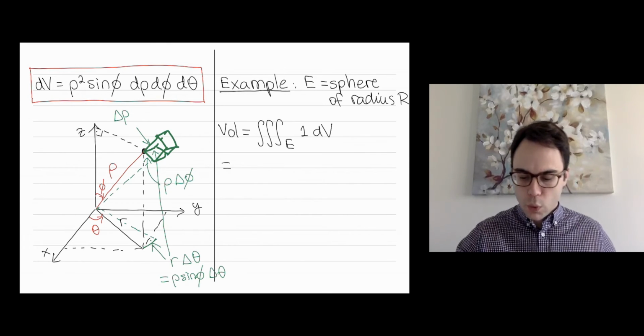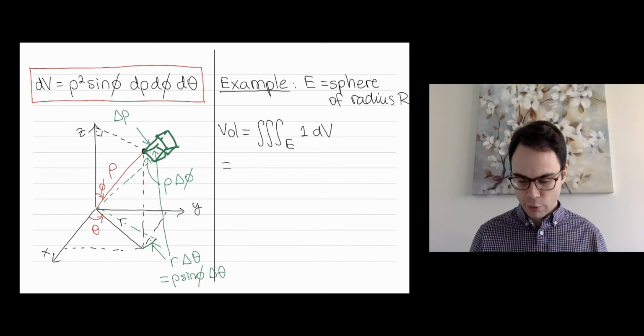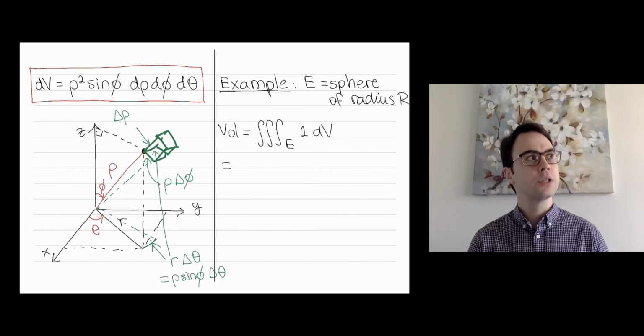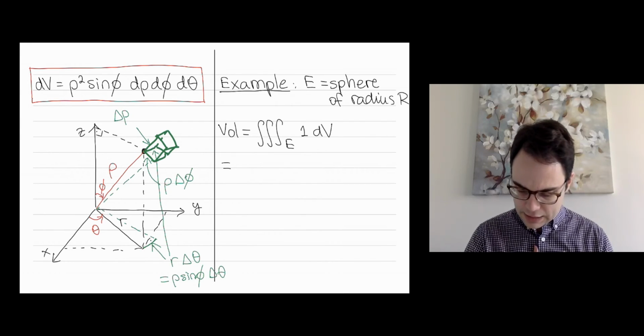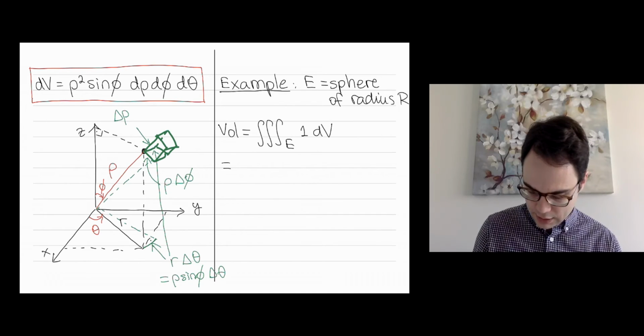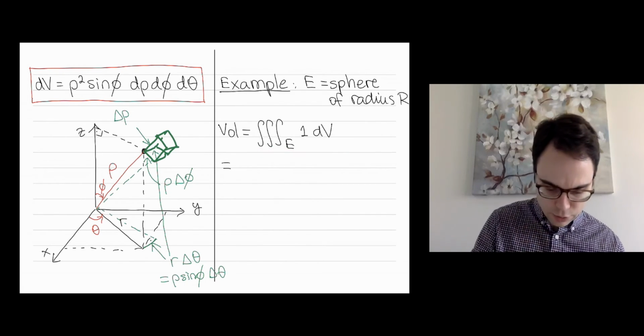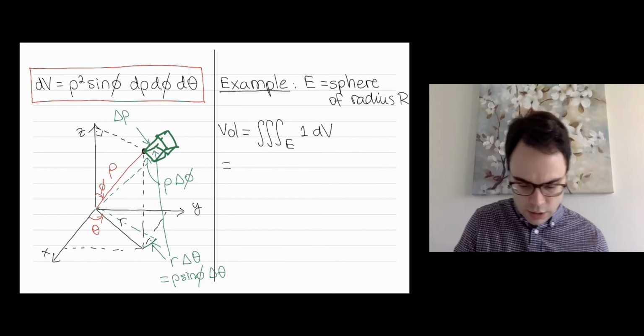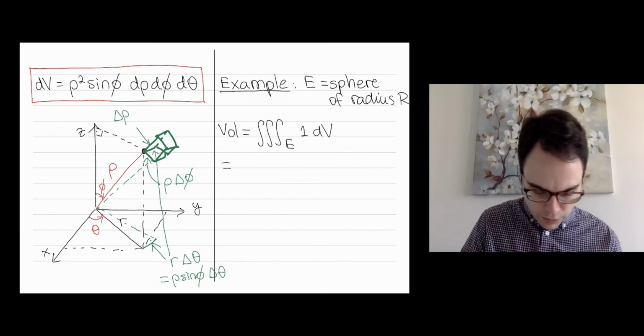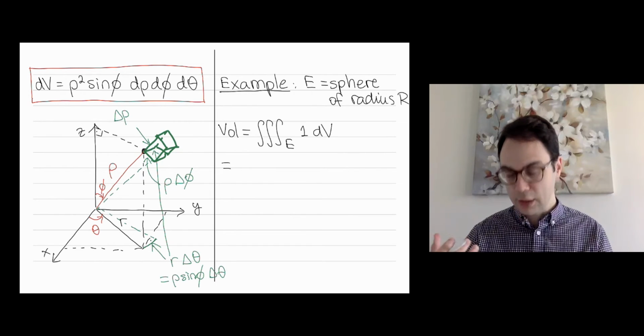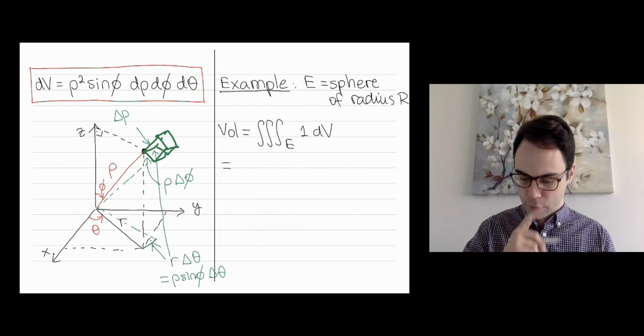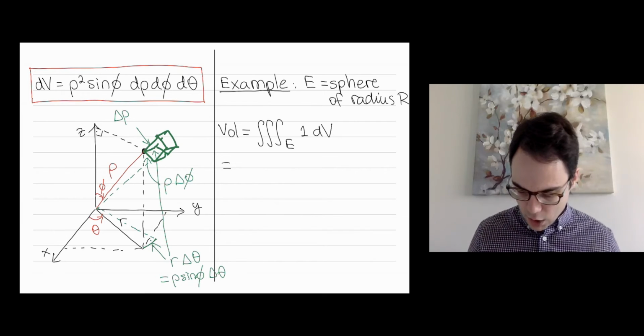We know, if we look on Wikipedia, the value of the volume of a sphere of radius r is 4 thirds pi r cubed. Let's see this number come out of this integral. So let's evaluate the integral by changing to spherical coordinates and using this volume element, and then let's check that the number we get is consistent with the one from Wikipedia, 4 thirds pi r cubed.